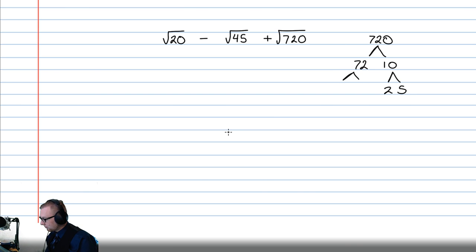And what if I do 72 as 8 times 9? Perfect. 2 times 4, 3, 3. So what is your final?